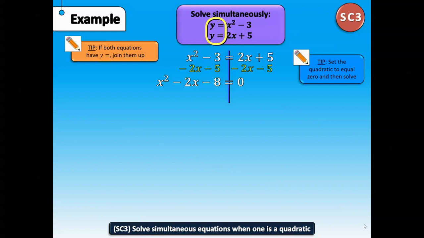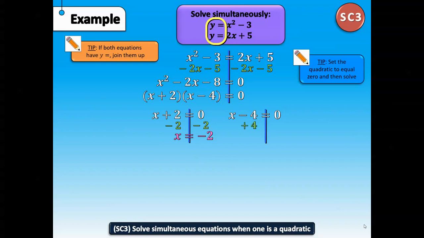And I solve this quadratic by first of all factorising it into two brackets. And then those two brackets must both equal 0. So in the first equation, if I take 2 off both sides, x equals minus 2. And in the second equation, I add 4 to both sides, so x equals 4.